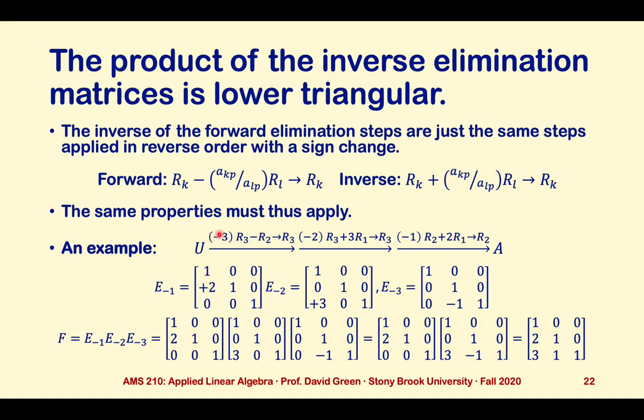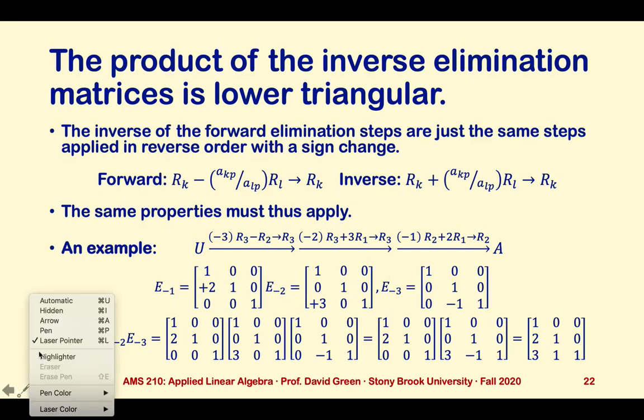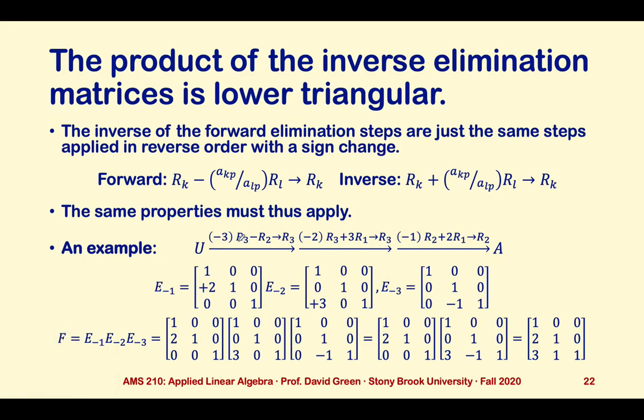The backward step 3 will have a negative 1 in the 3, 2 position, as we have right here.